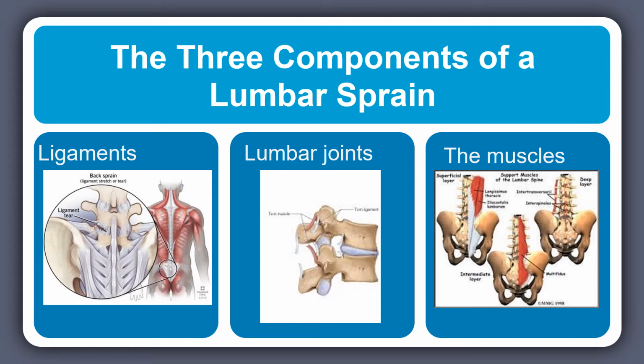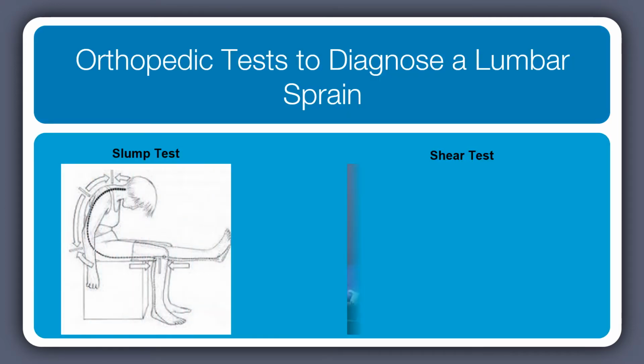So even though the muscles aren't directly damaged when this happens, oftentimes they do have to pick up the extra work, and so they'll often spasm or protect that area in order to keep the low back stable.